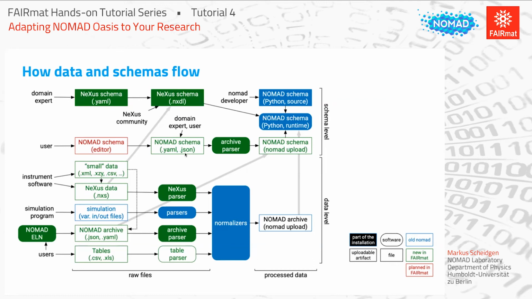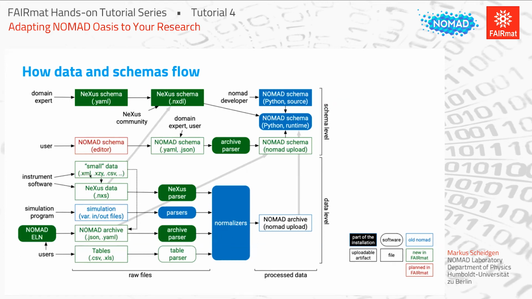You want to have this for an ELN, for example. Then this basically allows you to define a schema, put it into the system, and then make it available for other users in your Oasis. So this is what we will look at tomorrow and also in the next slides in more detail.